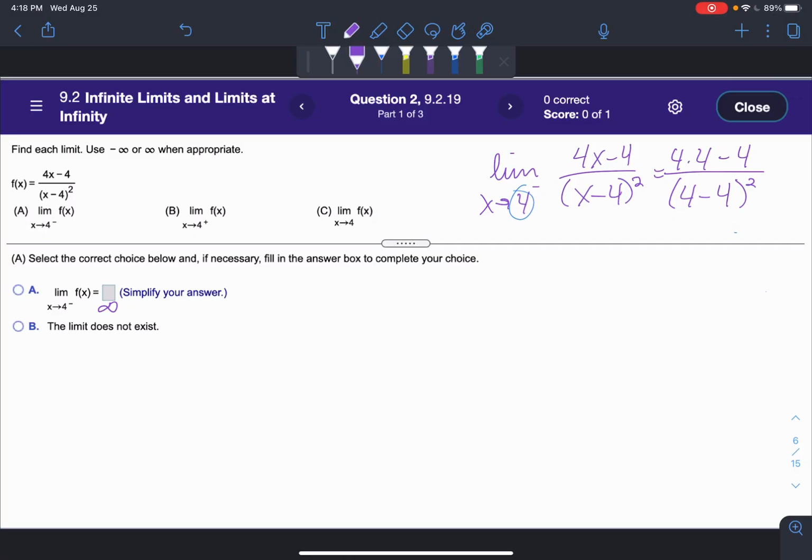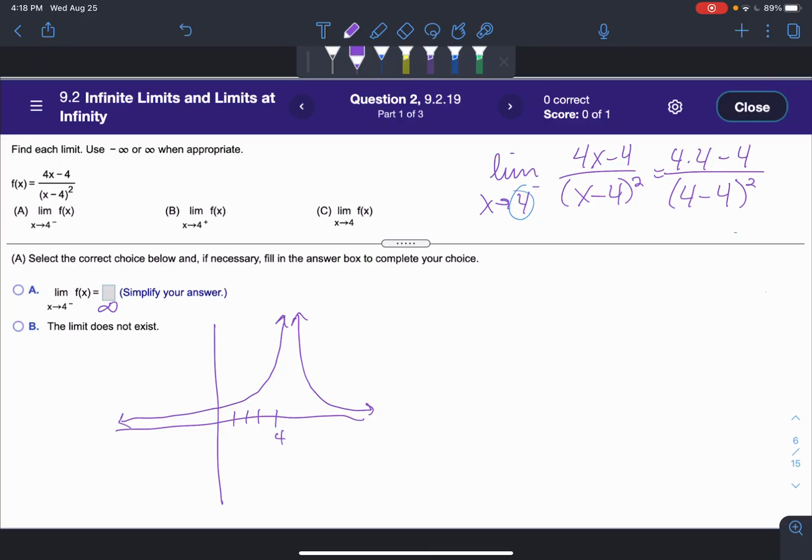I'm a very visual learner, so I like to take a look at things with a graph. So 4 from the left looks like this, and from the right, it looks like that. So that's another way you can confirm your answers: always using a graphing calculator or utility.